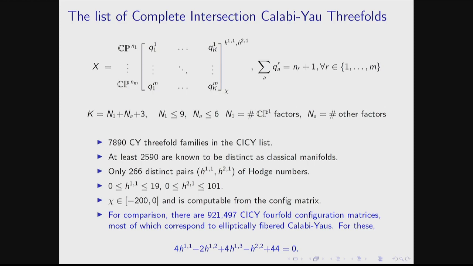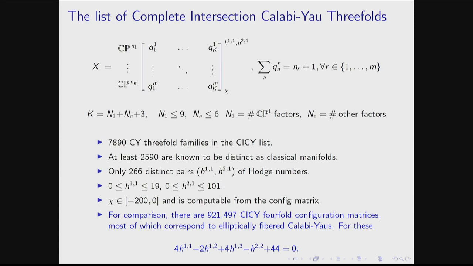For this to represent a Calabi-Yau manifold, you can't just write any matrix of integers like this and expect a Calabi-Yau manifold. But if you impose a couple of conditions, you'll be guaranteed to end up with a Calabi-Yau threefold or a fourfold. This condition, which says that n1 plus 1 will be the sum of the first row, is essentially saying that the first Chern class is 0.